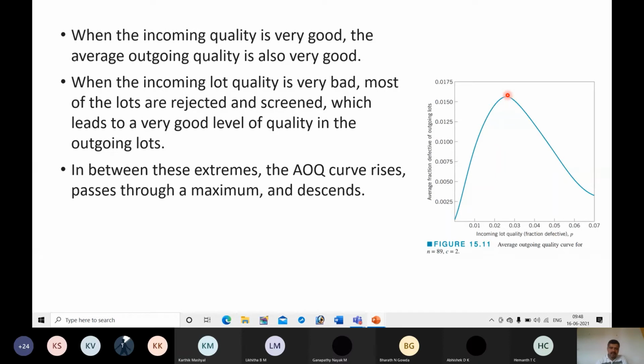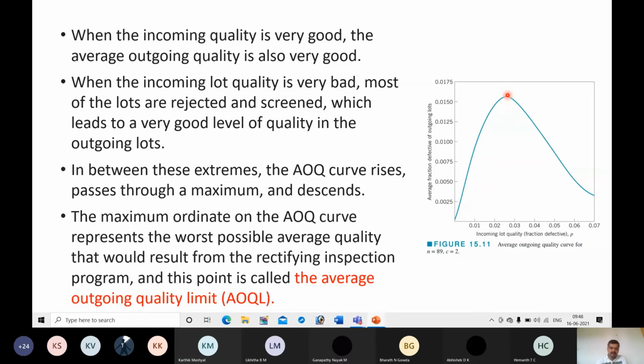The maximum ordinate on the average outgoing quality curve represents the worst possible average quality that would result from the rectifying inspection program. This point is called the average outgoing quality limit.